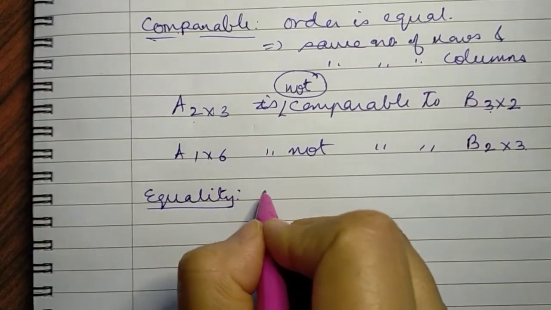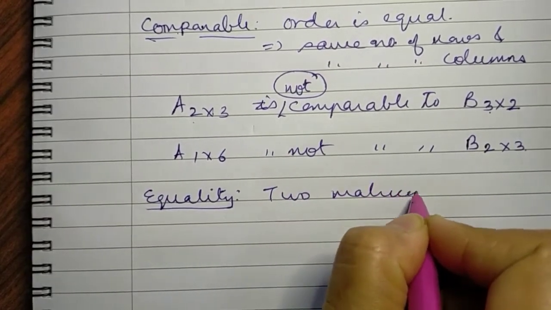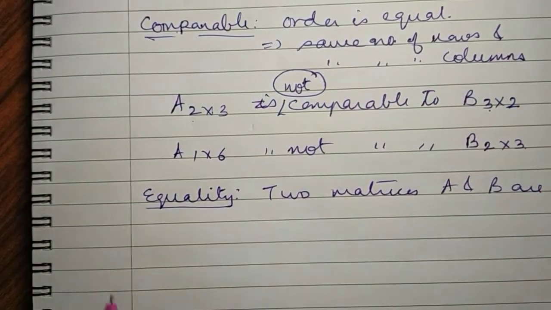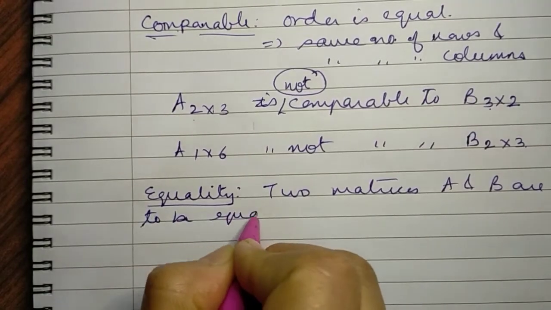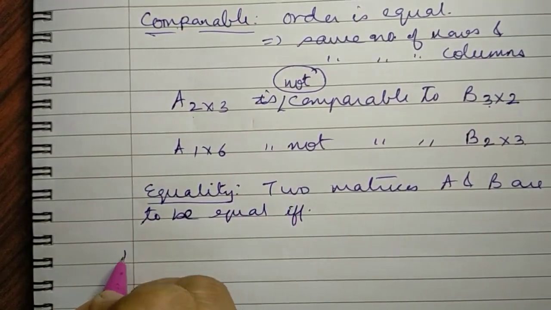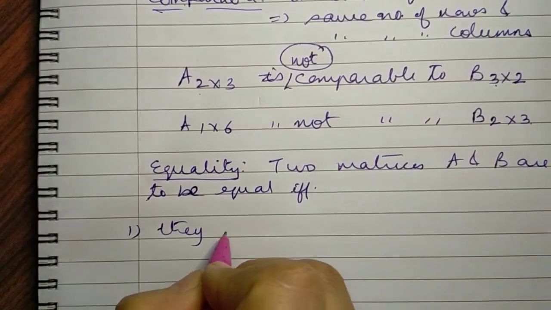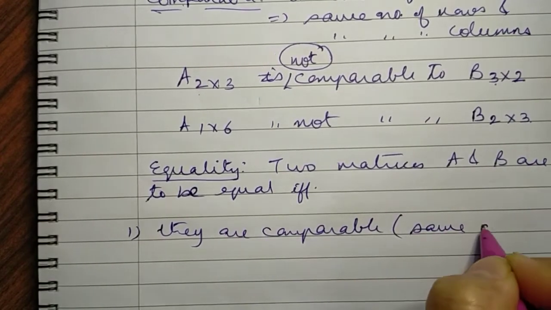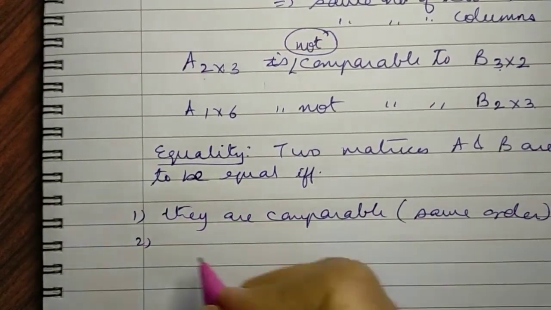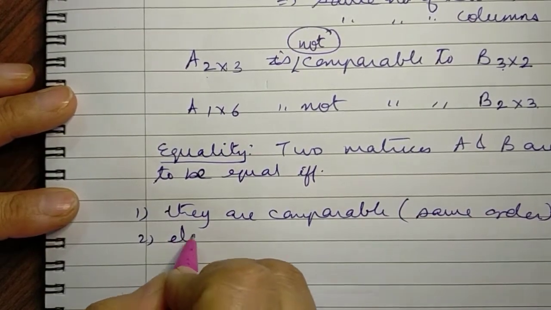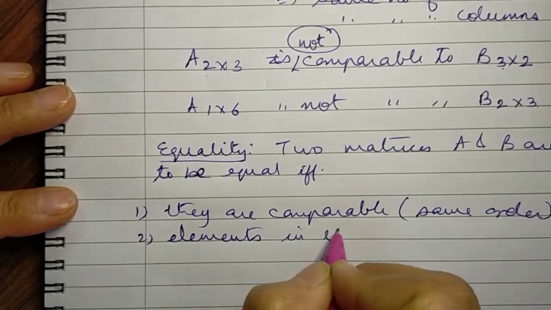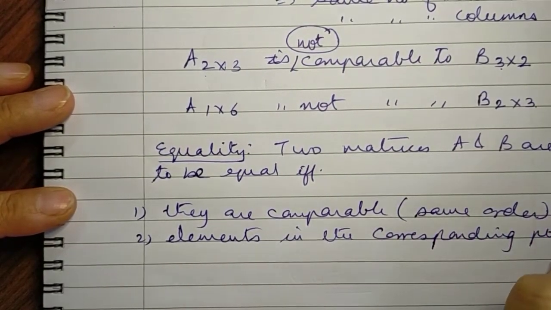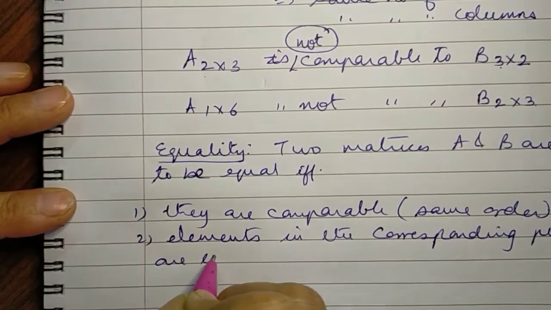So now we come to equality. Two matrices A and B are said to be equal if and only if, first of all, they are comparable, meaning thereby they have the same order, and second, elements in the corresponding positions are equal.